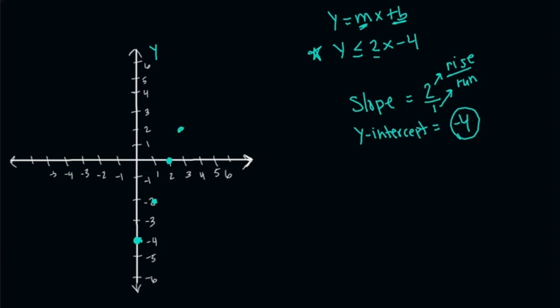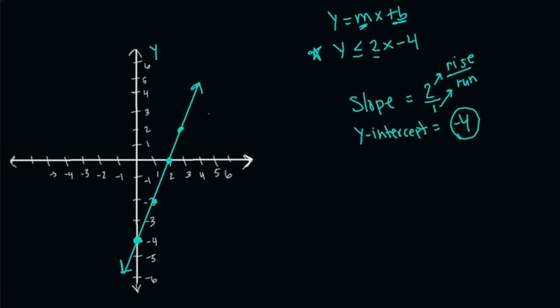Now you can see if I make my line here, this is where my graph of the line is going to be, and I should extend it all the way, but right now I am not going to.